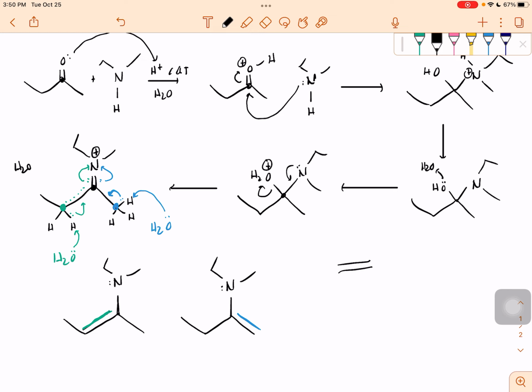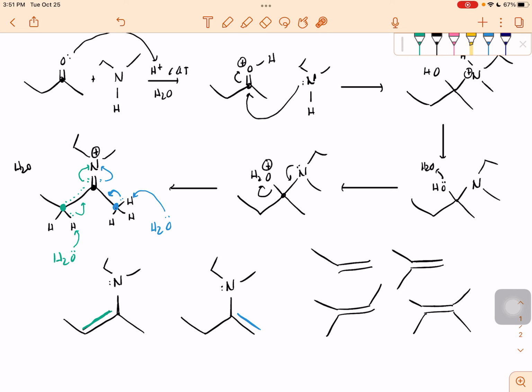So if I have a double bond that looks like this, right now it has 4 hydrogen substituents. If it had 1 carbon substituent, then it would be mono-substituted. If it had 2 carbon substituents, it would be di-substituted. You can guess tri-substituted. And this will be tetra-substituted.